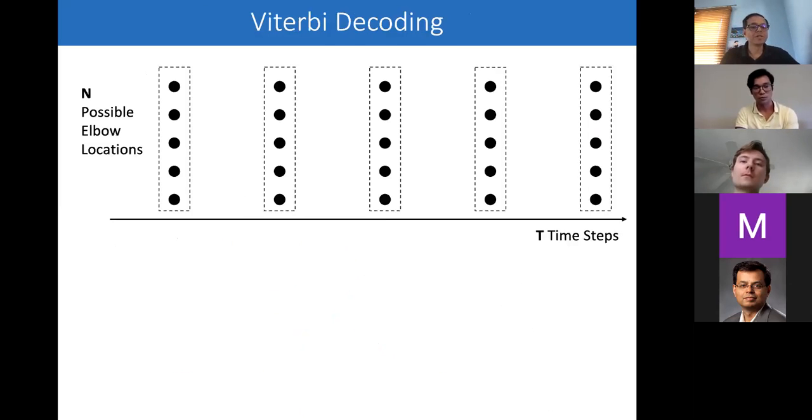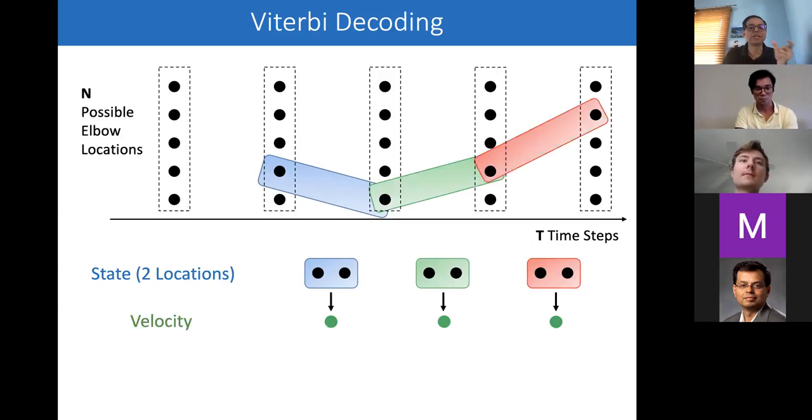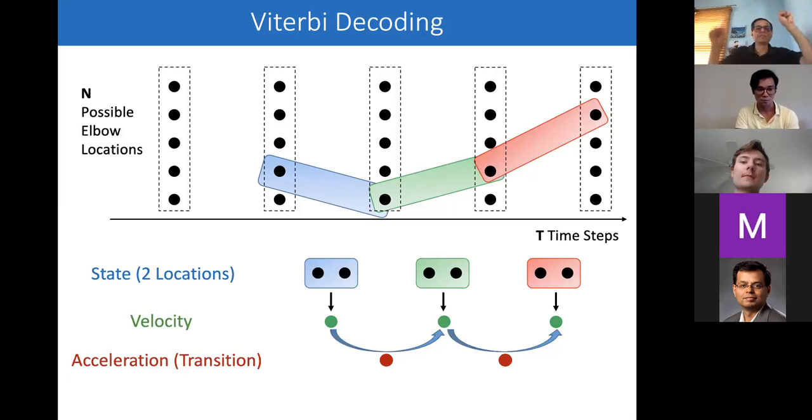And then once you do that, this is how your state looks like. In fact, in this paper, the state is modeled as two locations, which means you know the velocity. So every state is two locations. And then you compute acceleration as a difference between the last two states. So my current state has two locations, the current location and the previous location. That's my current state. My previous state is the previous location and the location previous to that, right?